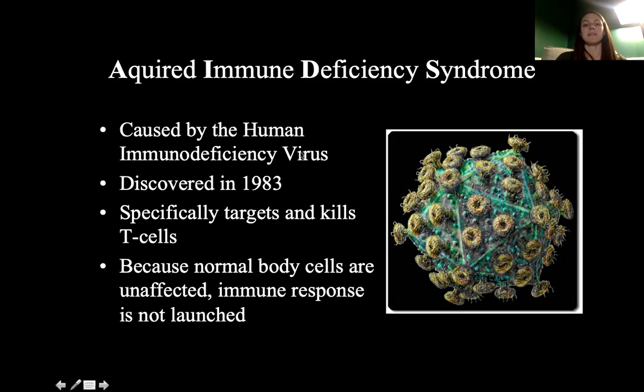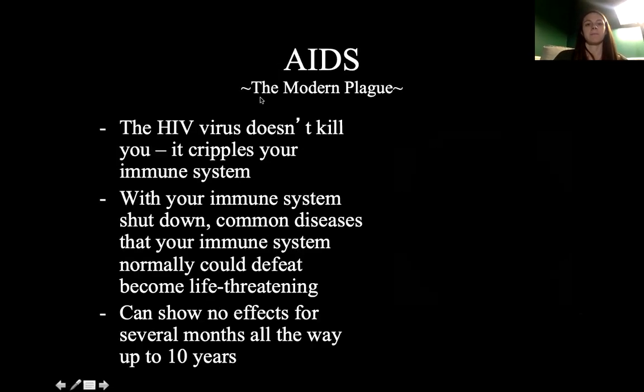So HIV is the virus. It attacks the body, it kills the T cells, and those T cells now aren't able to fight off all the other little infections that you get. So AIDS is typically what kills somebody because they're not able to fight off a small cold that a normal, healthy human would be able to fight off.